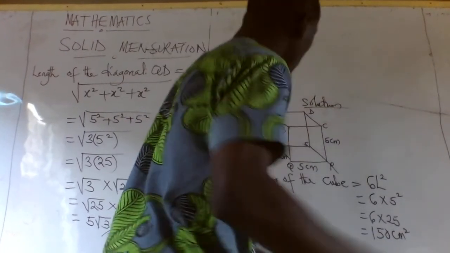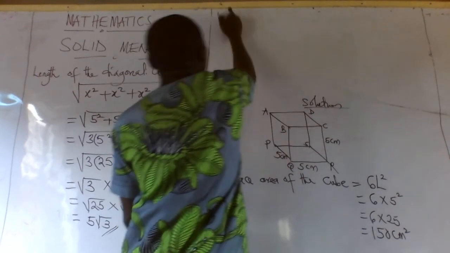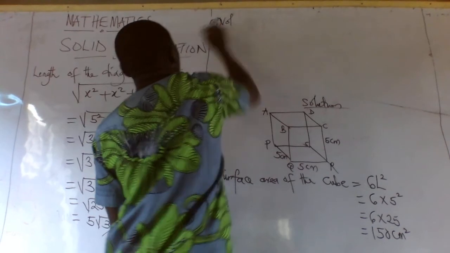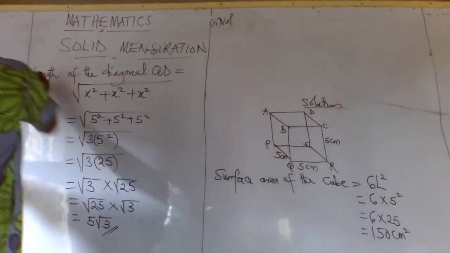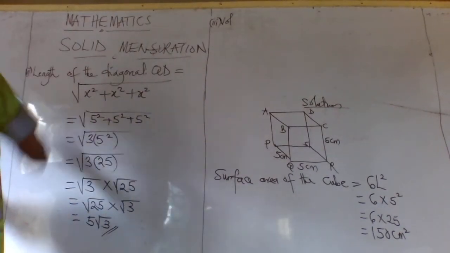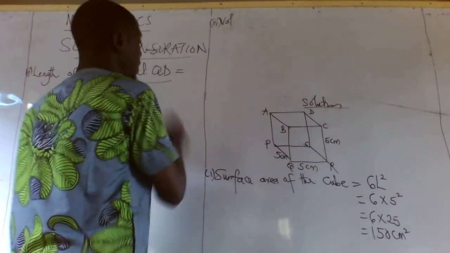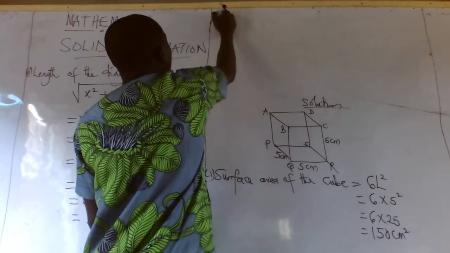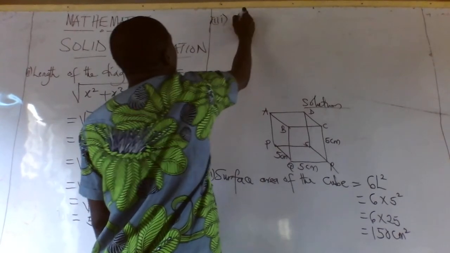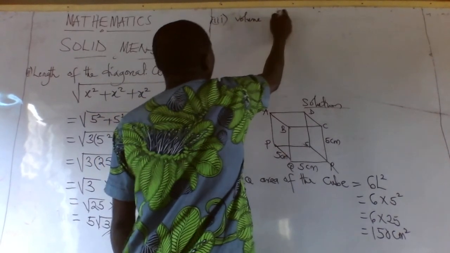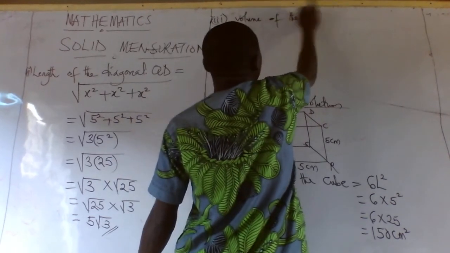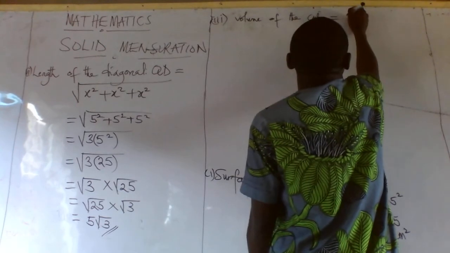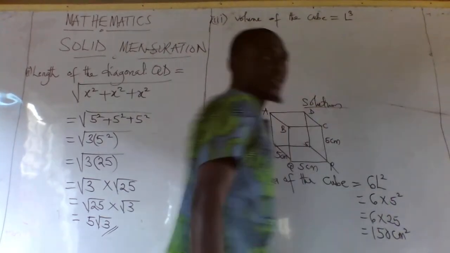So this is our first question, this is the second, and the third question is the volume of the cube, of which the formula is L raised to power 3.